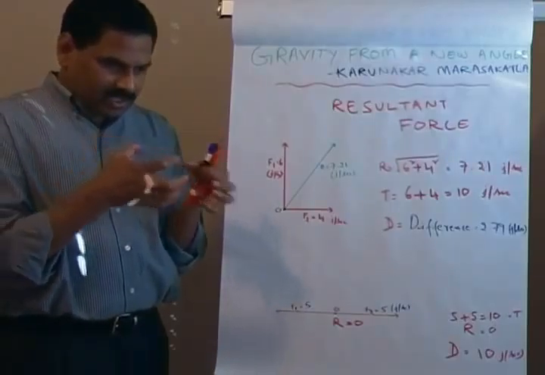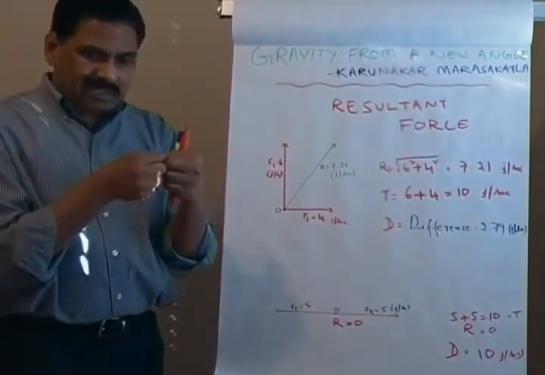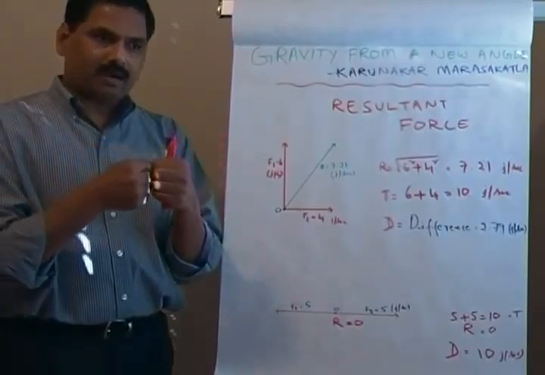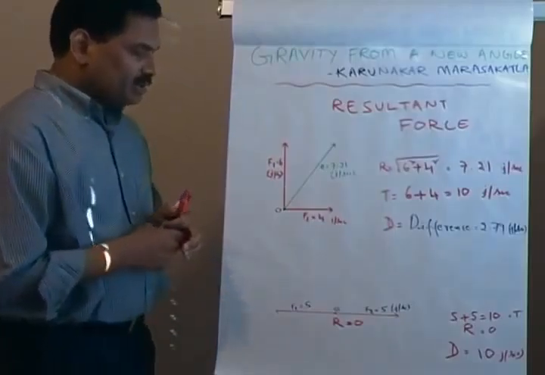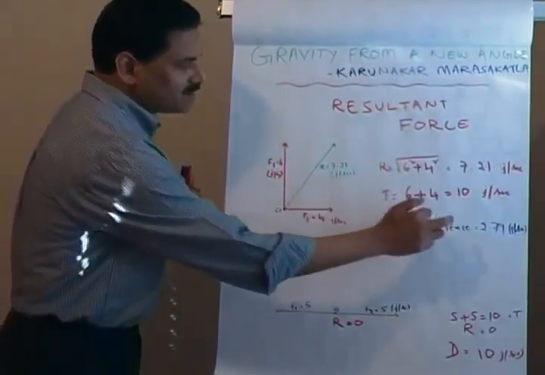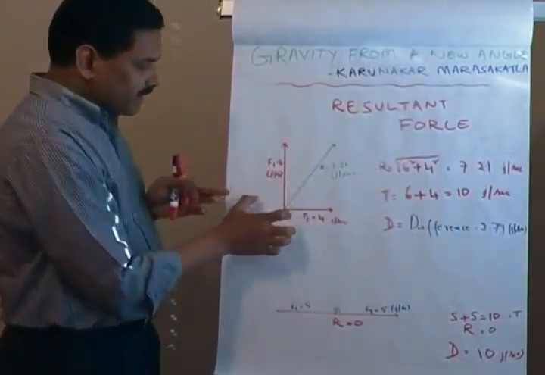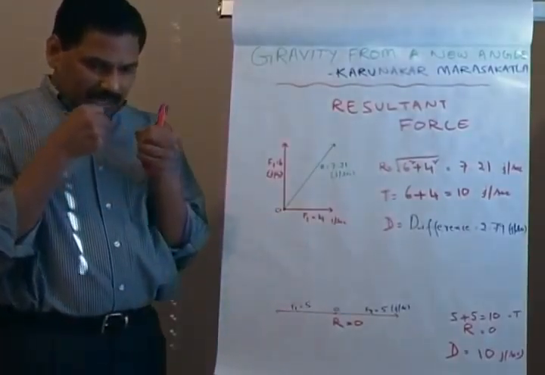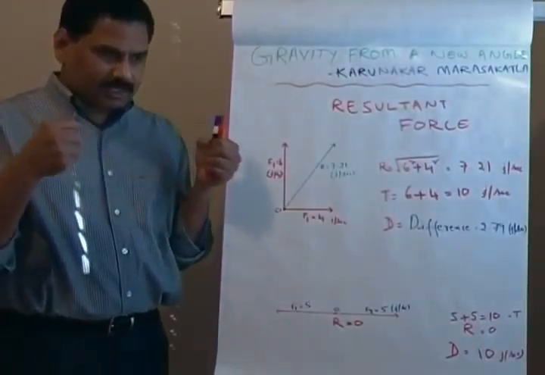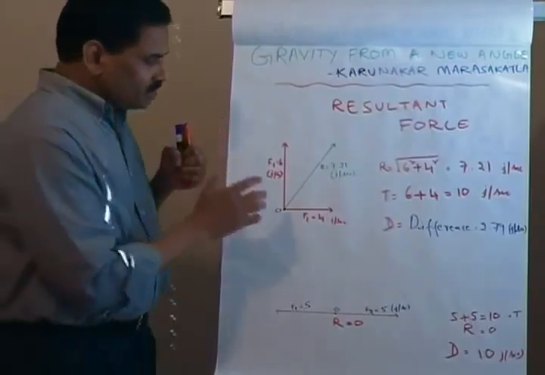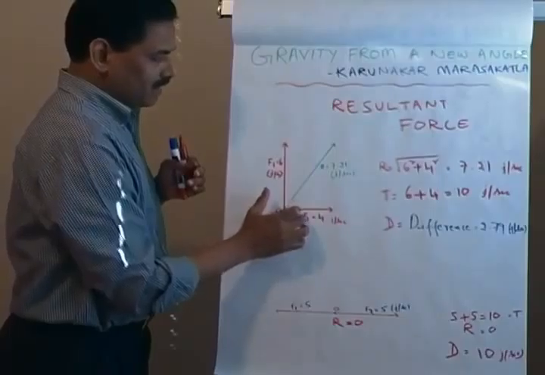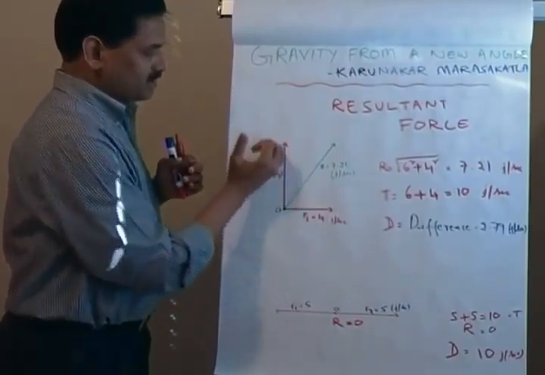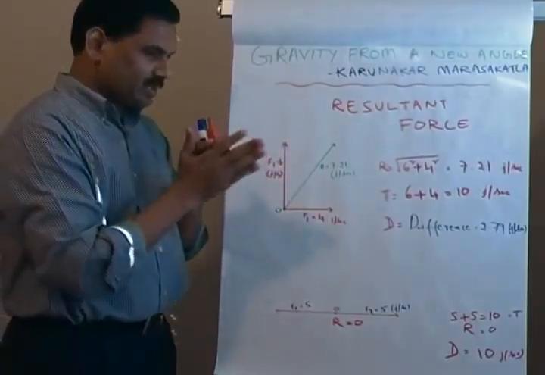If a weaker object is there at the center and you keep on pulling it, the object will break apart. That's exactly what is going to happen. The difference energy, the 2.79 joules per second, will actually attempt to split the object apart. You can't move this object forever, taking 4 joules this way and then 6 joules this way, and keep on moving the object.